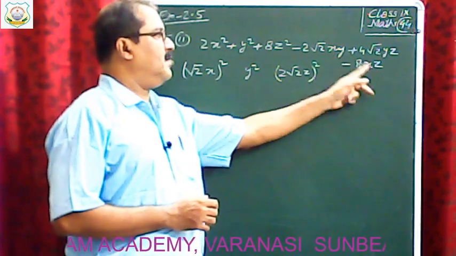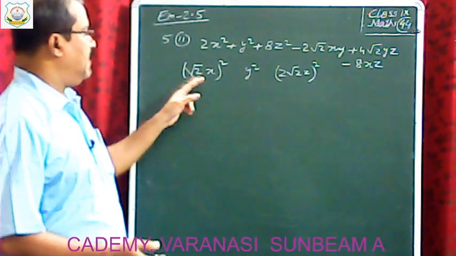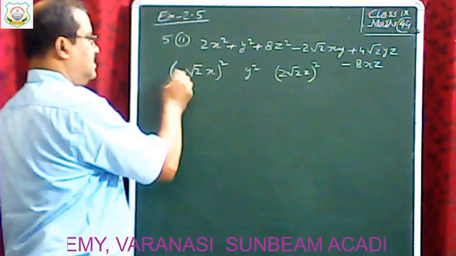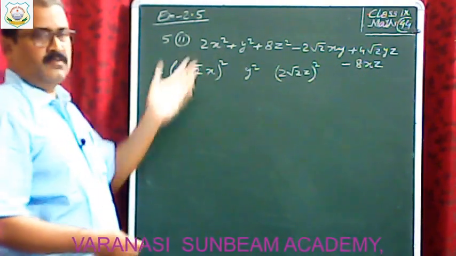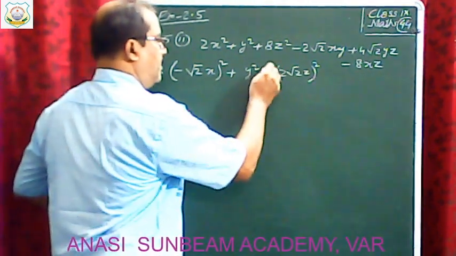So x is the common literal of both the negative terms, which means the part of x is negative. We have to write minus root 2 x whole square. After squaring we get 2x square. Minus square means plus, and the remaining are positive terms.